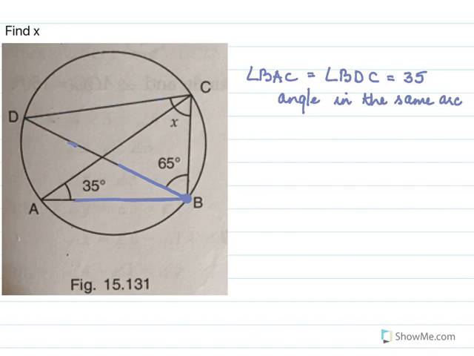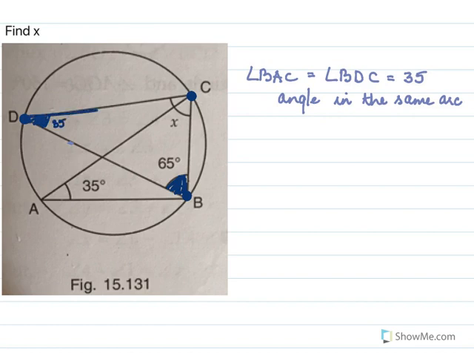Now for the second part, we erase this. If you see, there is a triangle where two angles are already given, CBD, and in CBD this angle B is 65. This angle D, we have just found out as 35.